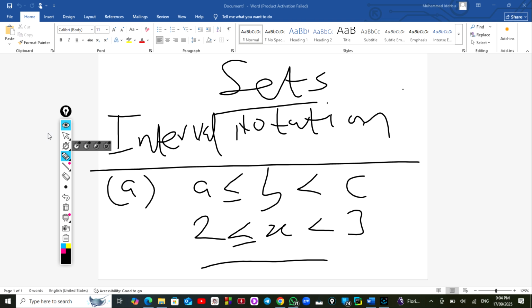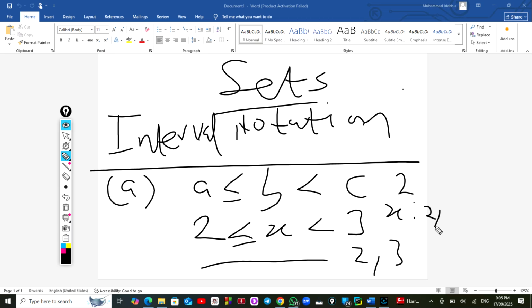But one thing we have to note is that this doesn't mean that it contains only the numbers 2 and 3. 3 is not even part of it. This notation is telling us that 2 is less than or equal to the number x. So x can be 2, everything between 2 and 3, including 2.